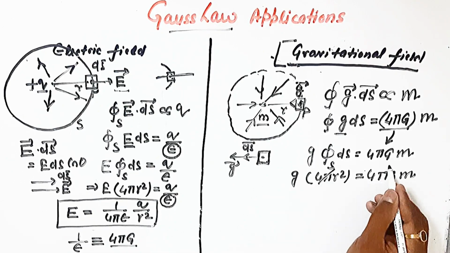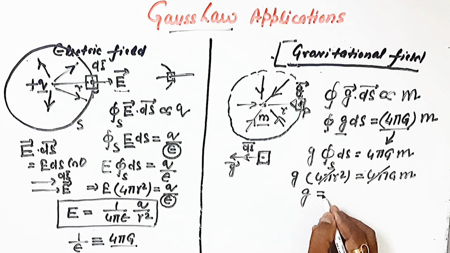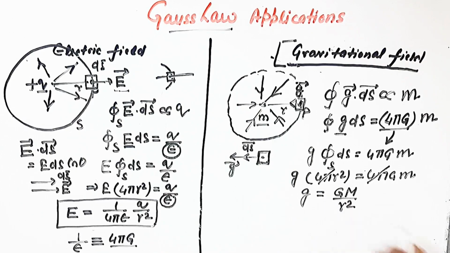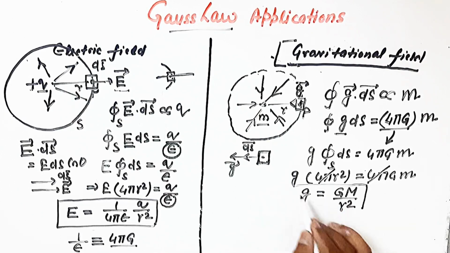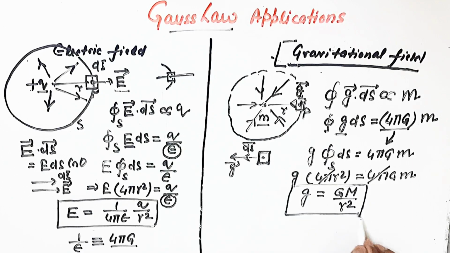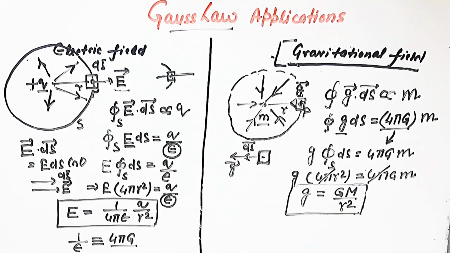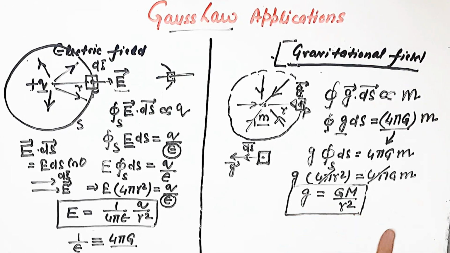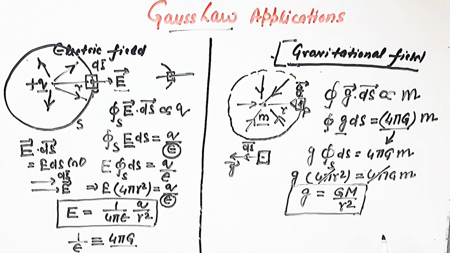So 4 pi is cancelled away from both sides and g is equal to G m by r square. So this is the formula for gravitational field intensity due to a mass m. So you see, the formula for gravitational field intensity due to mass m you will get is the same as by the other conventional method. So I hope you got a unique method to find the gravitational field intensity due to mass m, and it will be helpful for you.